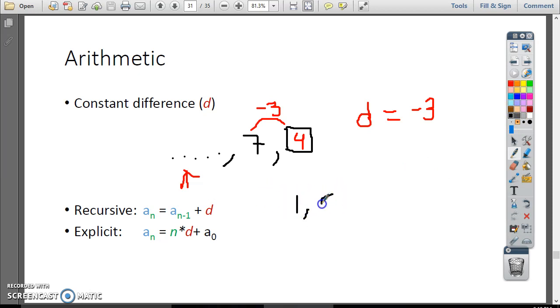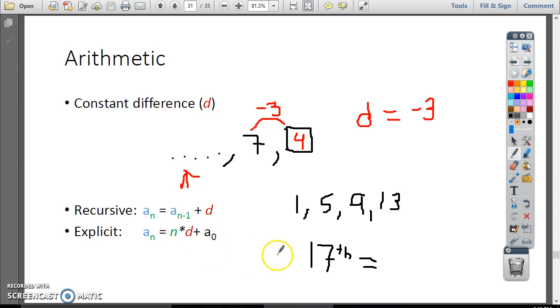Okay? And I want to know, for this question, I want to know the 17th iteration. I want to know what the 17th number is for this sequence.